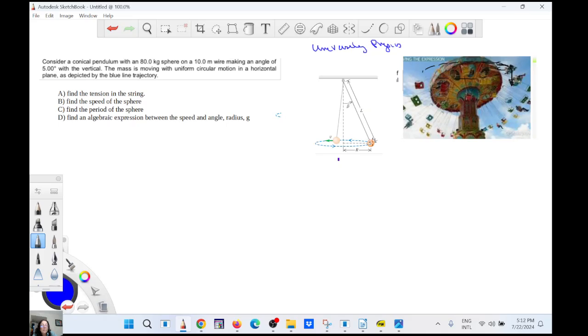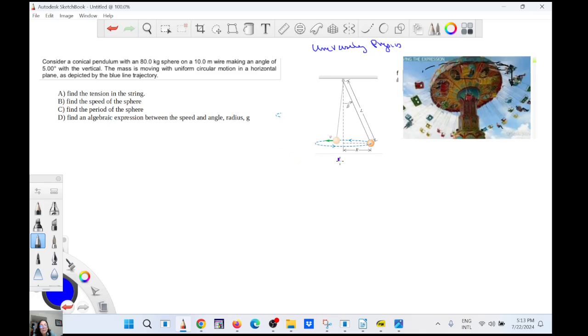There is a mass here, you have a string, and it goes in a circle. We neglect friction, so it keeps going around just by inertia. Here I have some numbers for you, and some questions.